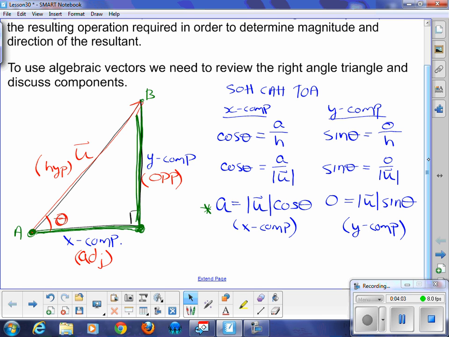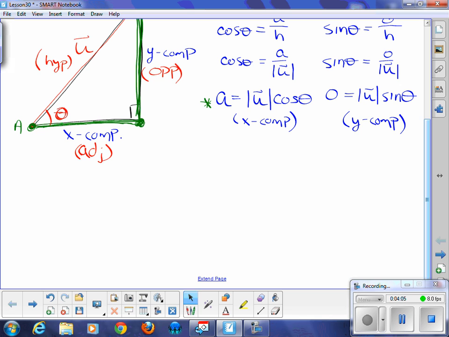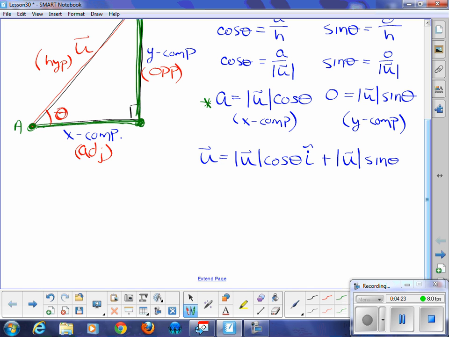So if you're asked to rewrite the vector as an algebraic vector, we could take the vector u, the one that was in red, and break it into its x, y components, and it would look like this: the magnitude of u cos theta i plus the magnitude of u sine theta j. Those u's are the size of the original vector.